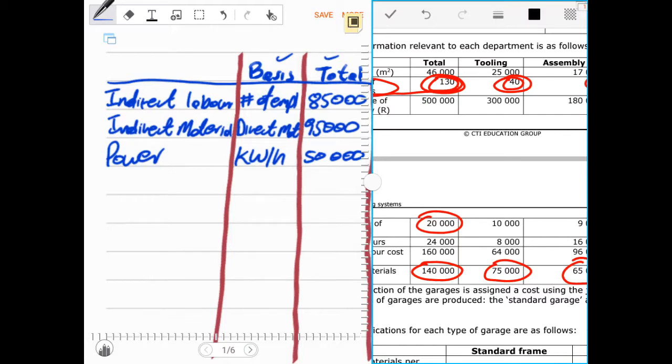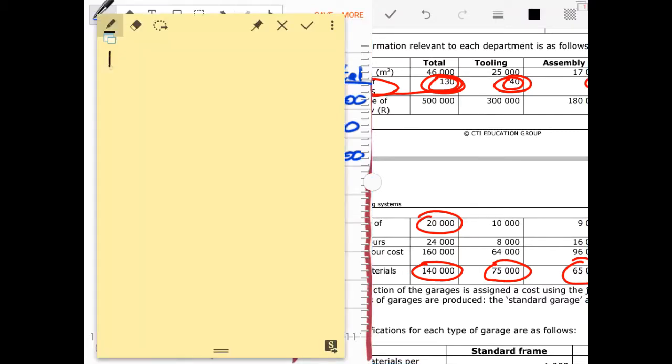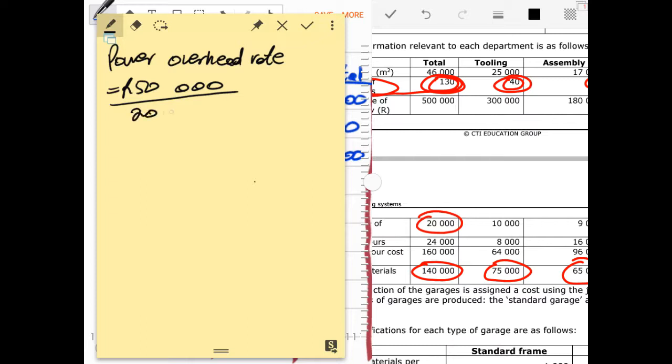So when we allocate this, we say power overhead rate. The power overhead rate is the overhead cost of 50,000 divided by the total base, and the total base is 20,000 kilowatts of electricity per hour.